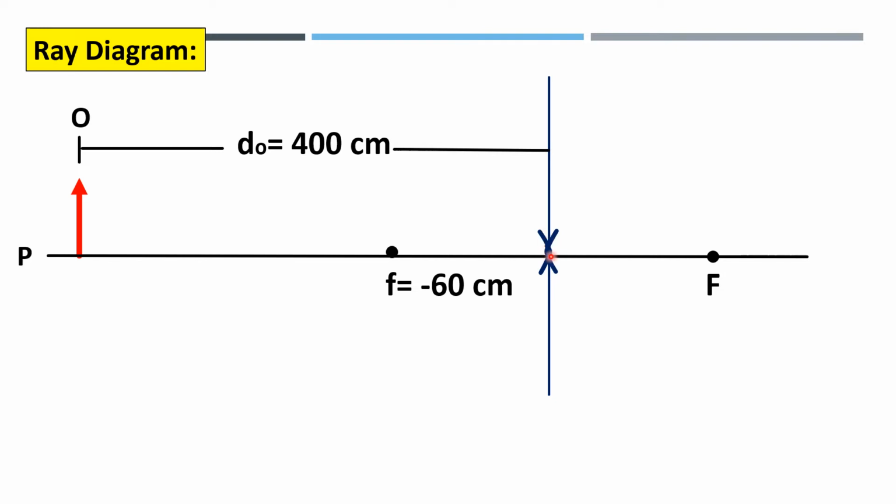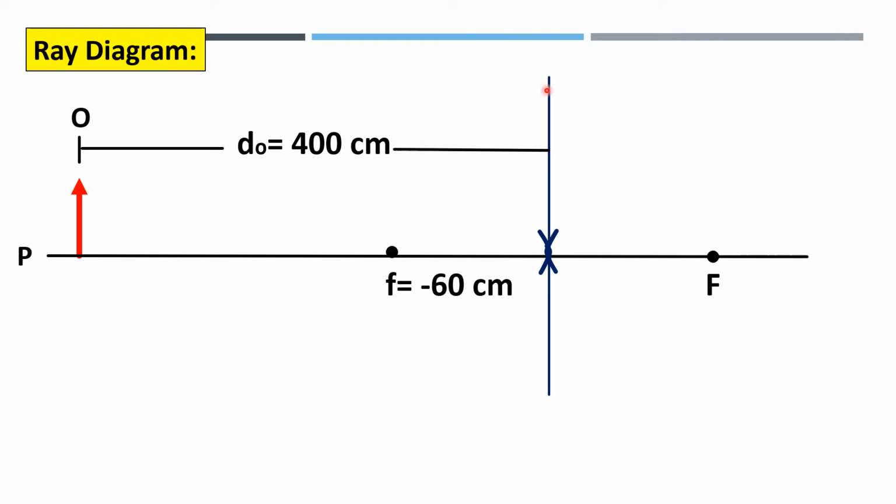So that's one physical characteristic of a diverging lens. That is, its geometric center is always thinner compared to the edges. It's just a symbol to represent a diverging lens.